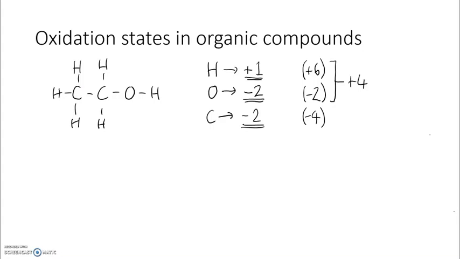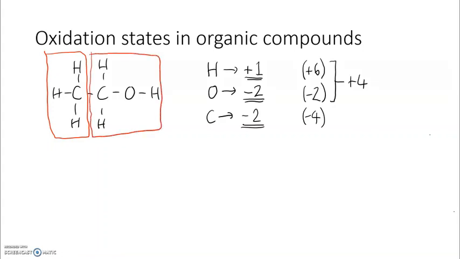So we need a slightly different method for determining the oxidation states for each individual carbon in the molecule. And the way that we can do this is essentially by dividing the molecule into sections, each containing 1 carbon, and saying that each section has the total oxidation state equal to the charge of that section.